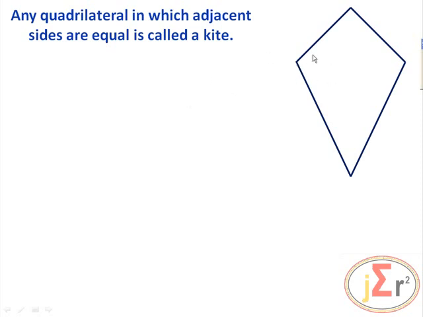So these two sides are adjacent, these two sides are adjacent, these two sides are adjacent, and these two sides are adjacent. Any quadrilateral in which adjacent sides are equal is called a kite.